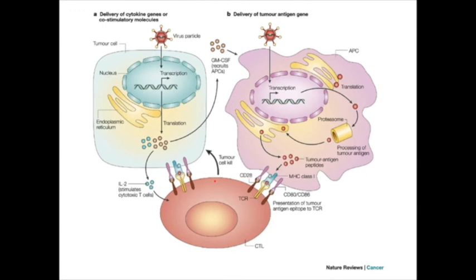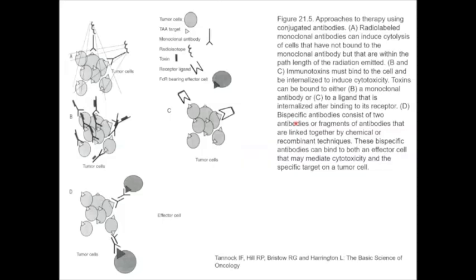But in this example, they're using it to help enhance the ability of antigen presenting cells to present antigen to cytotoxic lymphocytes, which it also does. So here's the antigen presenting cell getting stimulated by the GM-CSF that's produced by the virus particle. And this has been a form of gene therapy that has been quite successful.